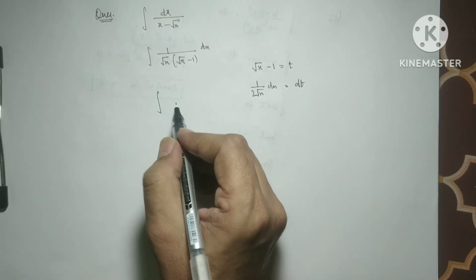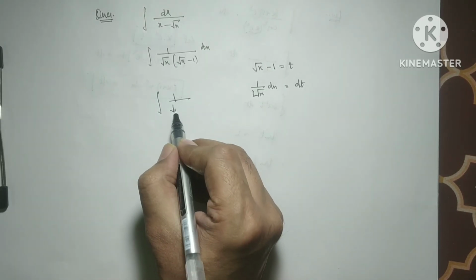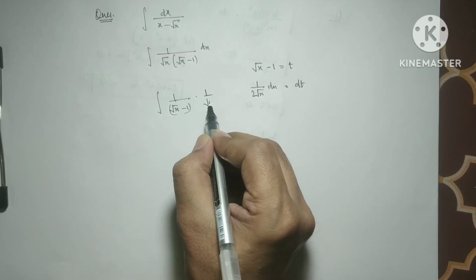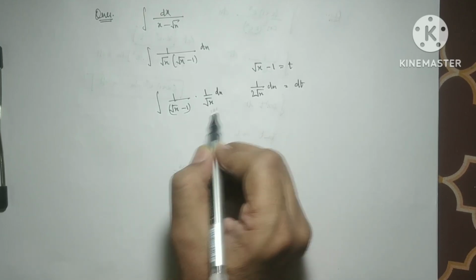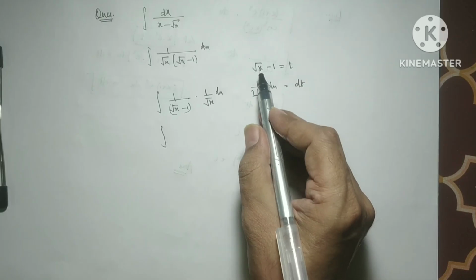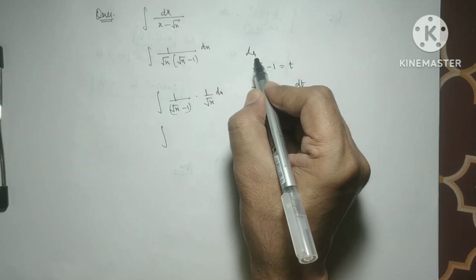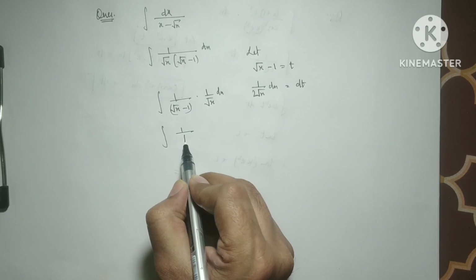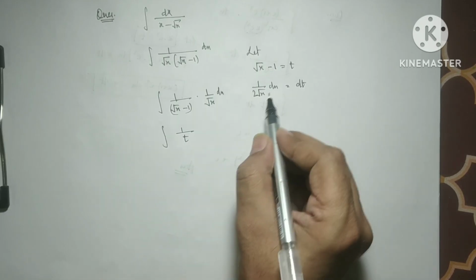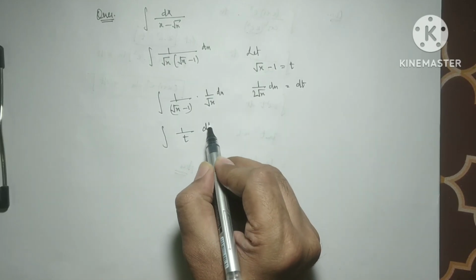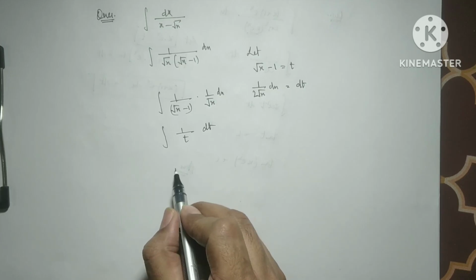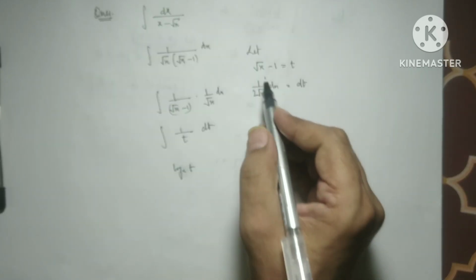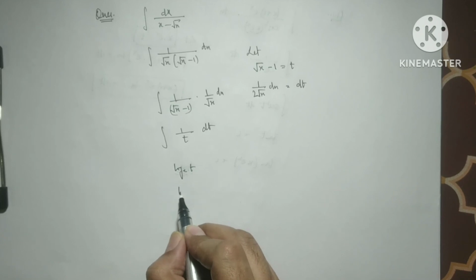Right now we have 1 over (root x minus 1), and this is 1 over root x dx. So we put these two values. Right now this is t, and in place of this we have dt. It means we have the result log t, and t is root x minus 1.